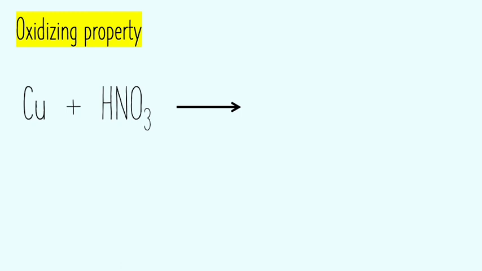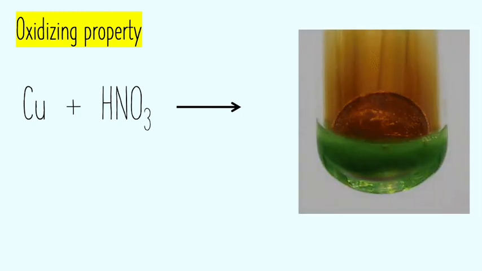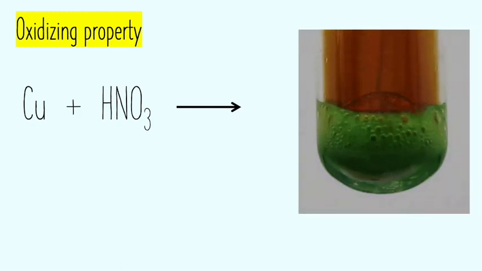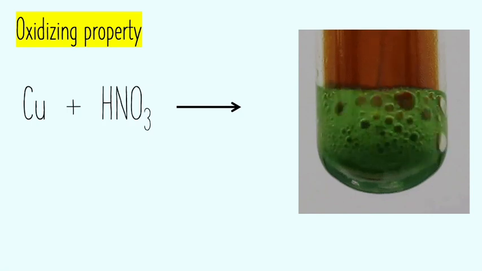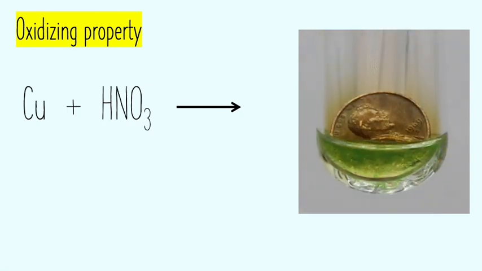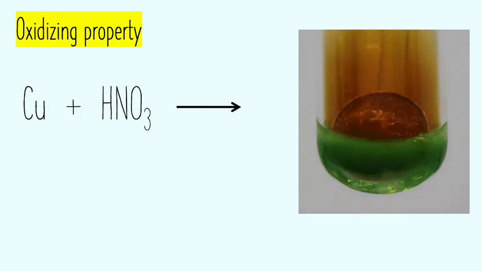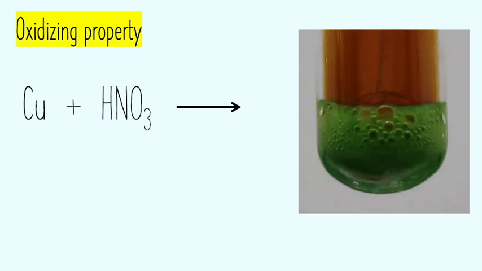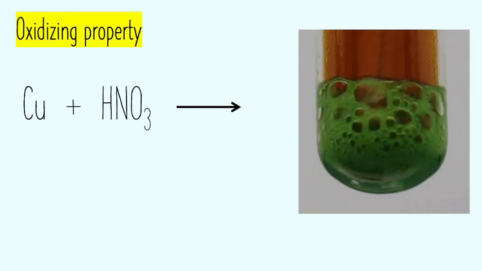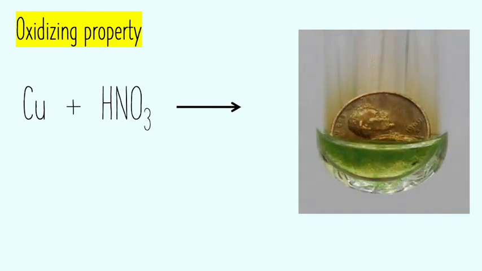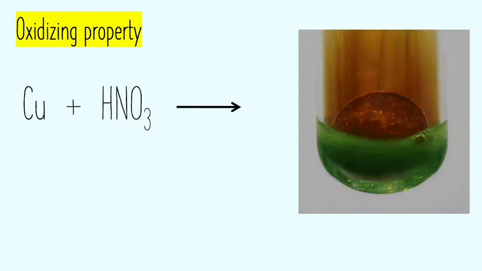Let's see what will happen when we put a copper coin into a tube containing concentrated nitric acid solution. You can see that the solution is turning green with a reddish-brown gas releasing from it. This phenomenon is not observed when we replace nitric acid with hydrochloric acid, isn't it?